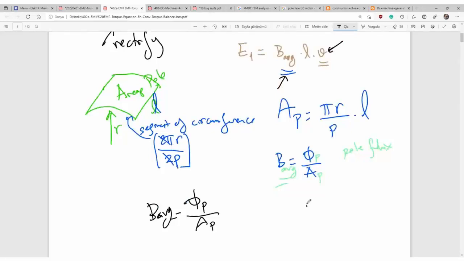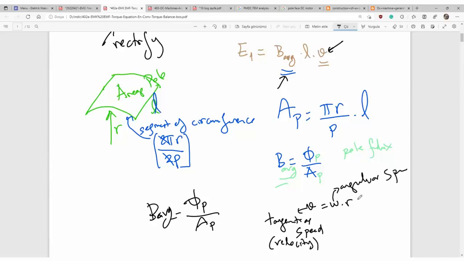V is equal to W times R. That is tangential speed, which is velocity. That is angular speed in terms of radians per second, you know. That is meter per second.